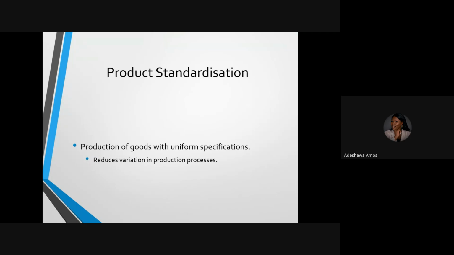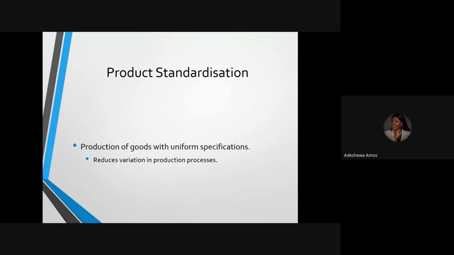Anybody buying it in Tamale or in Kumasi should buy it mostly at the same price. I should not buy it here at 3.5 and somebody will be buying it elsewhere at 6. Okay, it should look similar when it comes to the specification. So if mine is, let's say, 250 ml, whatever you are buying where you are should also be 250 ml. Okay, so that is what we call product standardization.